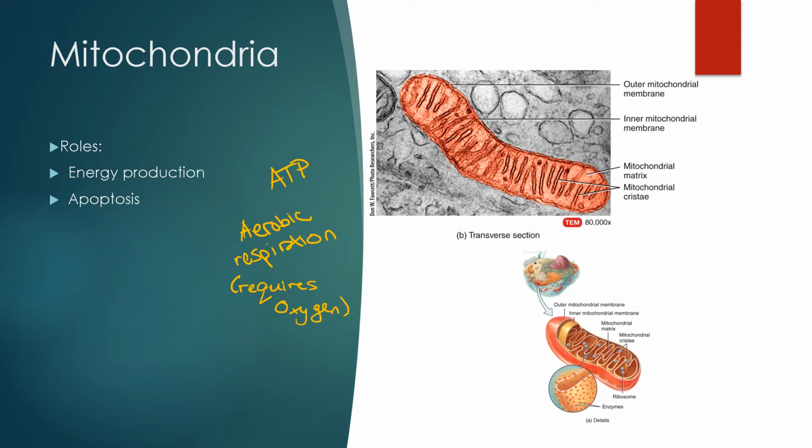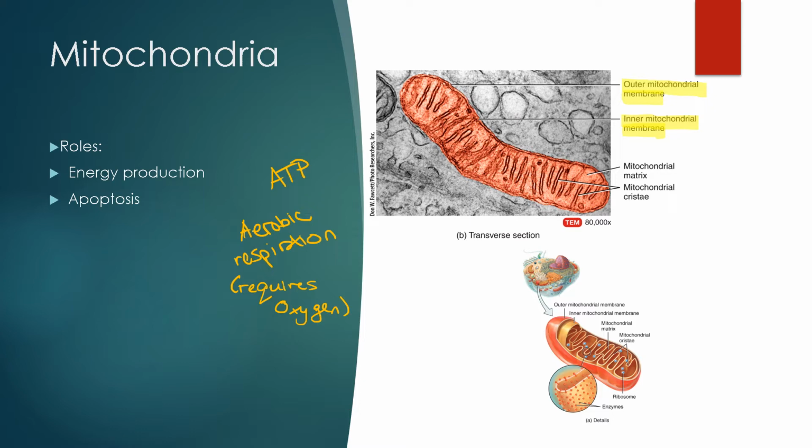Now, a little bit just on the anatomy of the mitochondria. It has an outer membrane and an inner membrane, so two membranes, and there's going to be this small fluid-filled space between those two membranes.